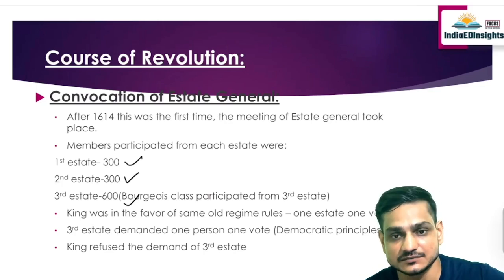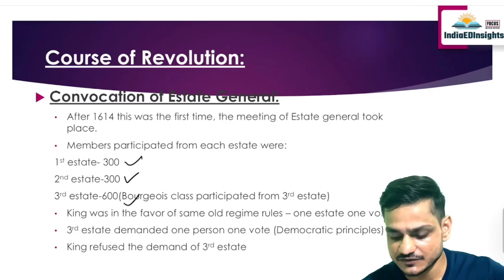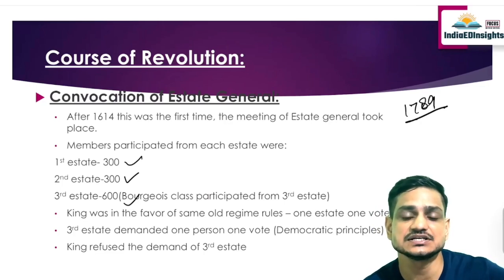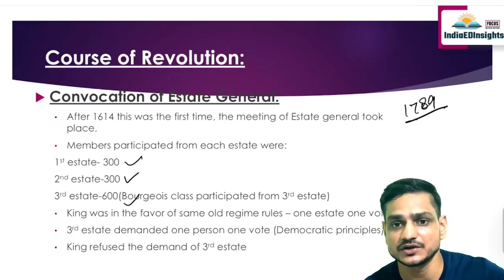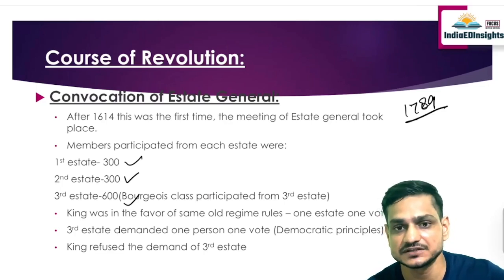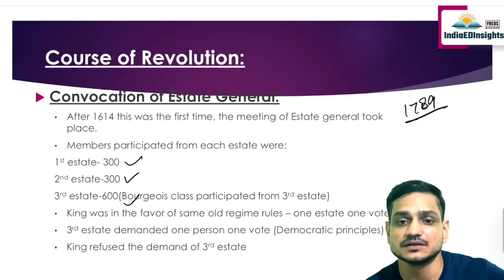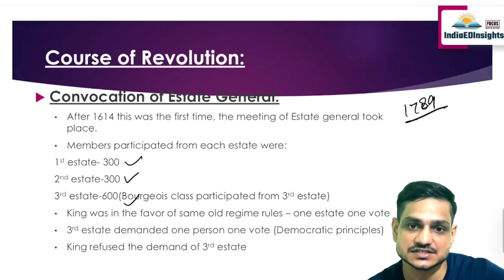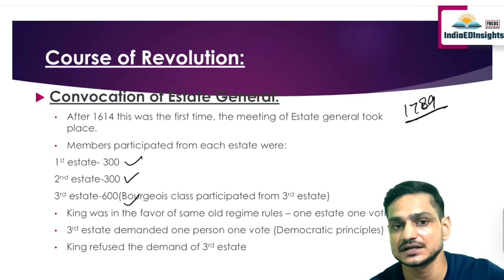From 1614 till 1789, the king never convened the States General because there was no need. But because of the economic crisis, the king had to convene it, because the finance minister proposed certain reforms in the taxation system to better the economic condition.